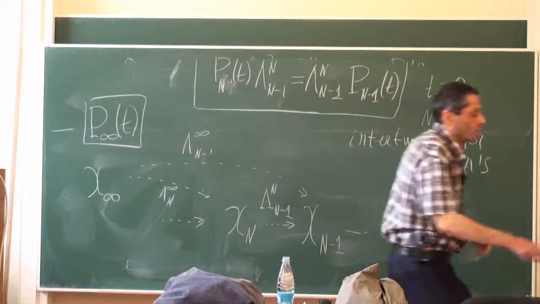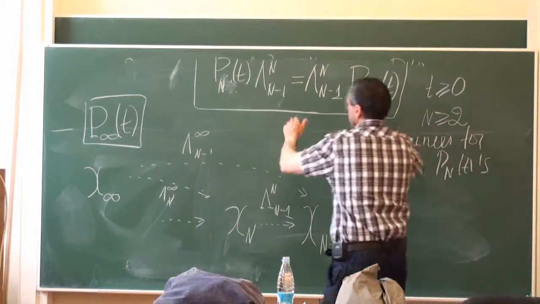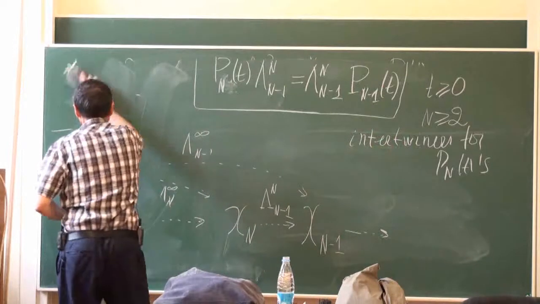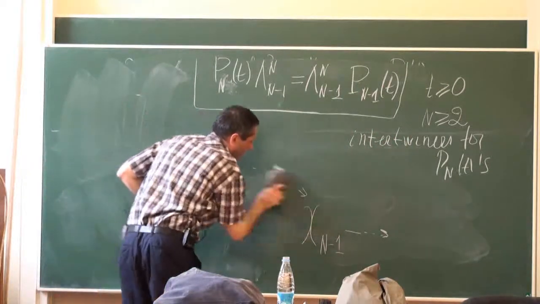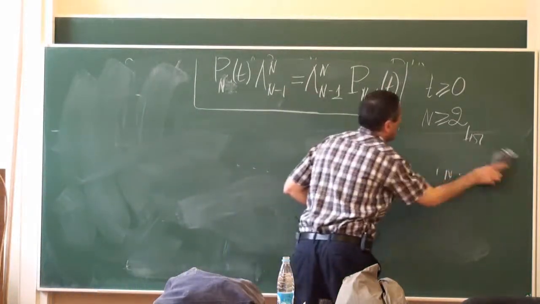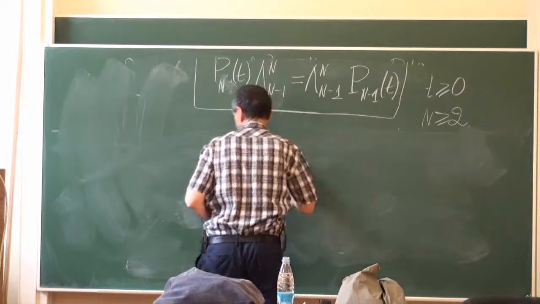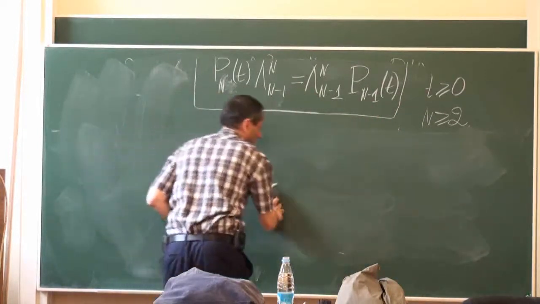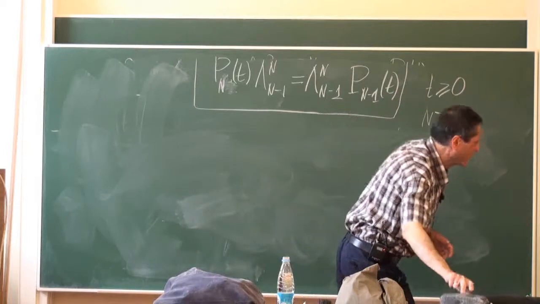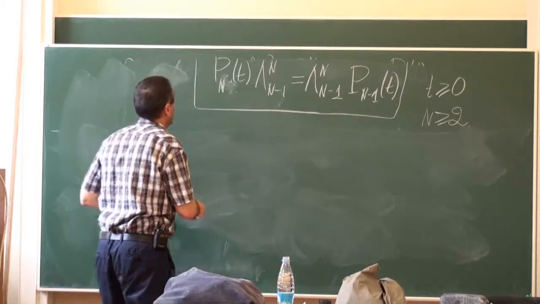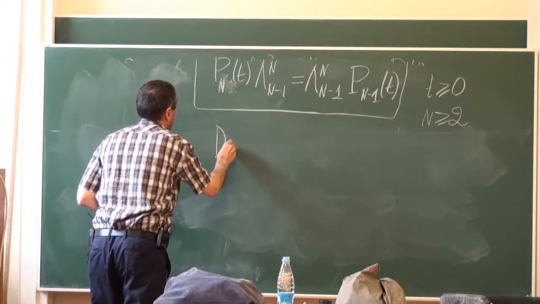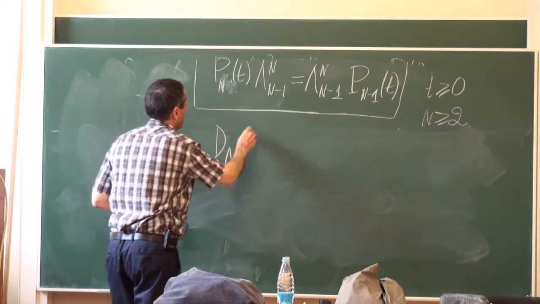So the way to verify this relation in practice is to verify its infinitesimal variant. Namely, instead of this relation, one can try to prove this one.